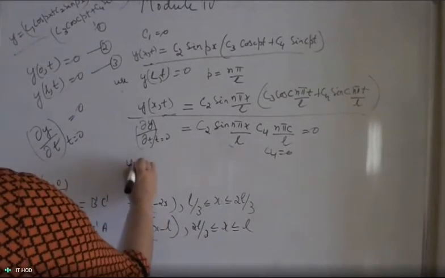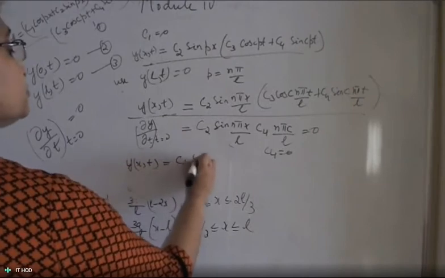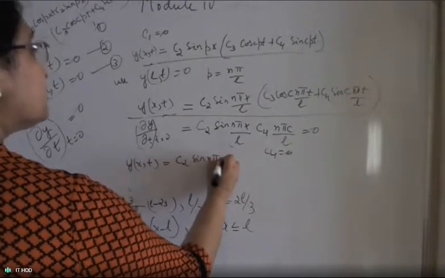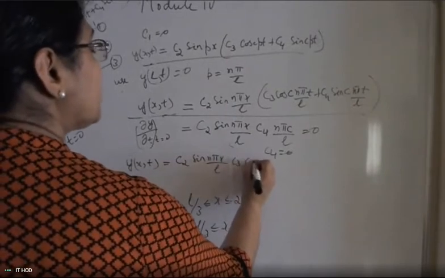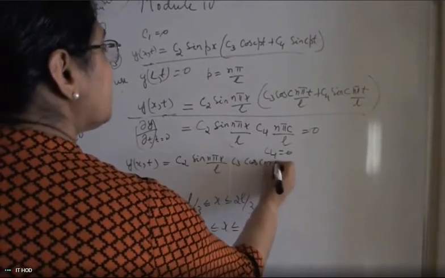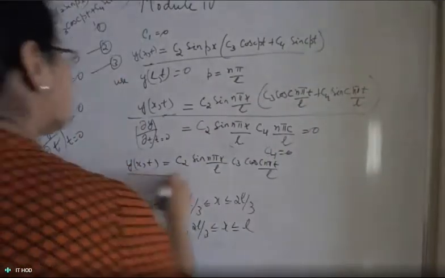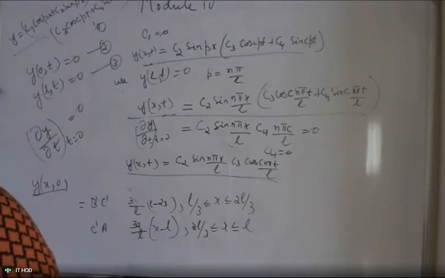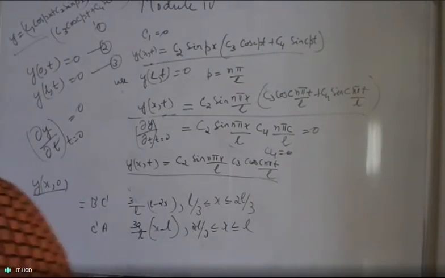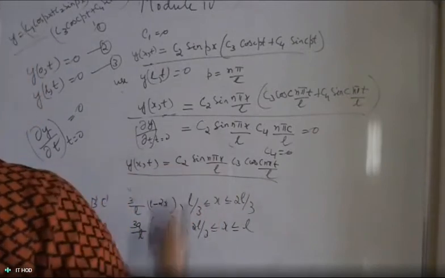So y(x,t) is again, we are rewriting it as C2 sin(n pi x by L), and the remaining is C3 cos(c n pi t by L), C4 is 0. So this is our new y(x,t) here. Now this is not enough. So I'm going to put C2 C3 equal to Bn.